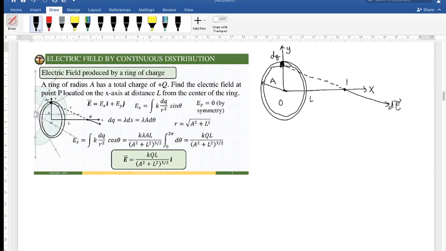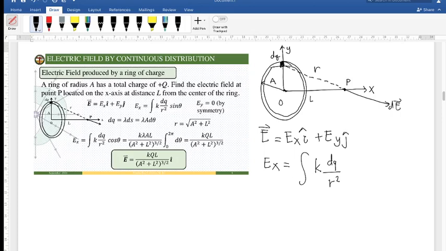This is your field point P. The distance between dq and P is, say, R. The electric field produced by this ring of charge at point P can be expressed in terms of unit vectors. Ex is equal to the integral of k dq over R squared.